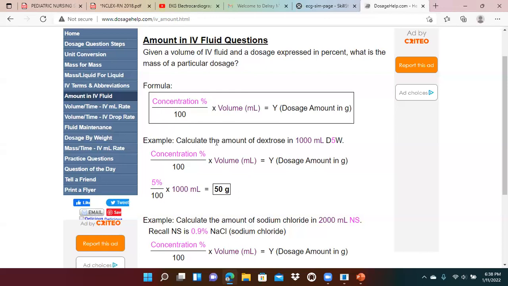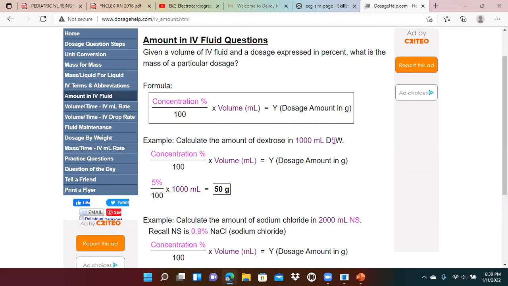Example, calculate the amount of dextrose in 1000 ml of D5W, meaning dextrose 5% in water. I'd like to request you just focus on the numbers: 1000 is the liquid volume, and the percentage of dextrose is 5.